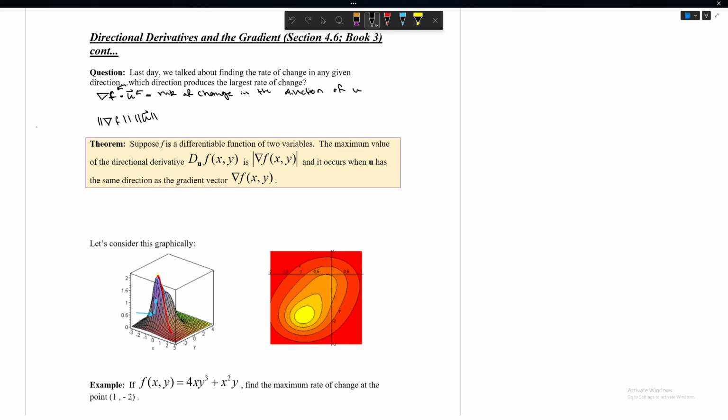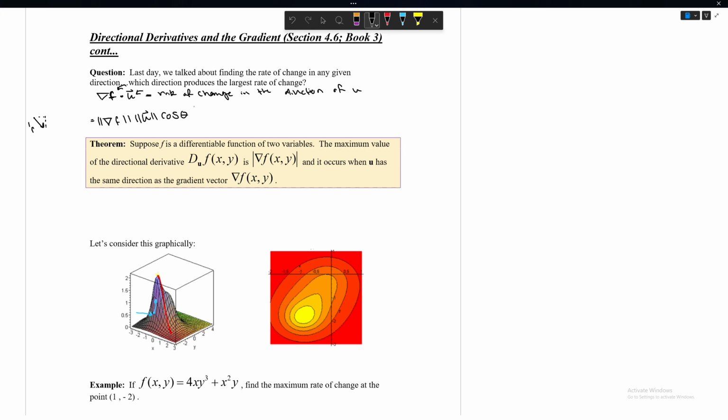And remember from last lecture we said u is just 1, so this goes to 1, and then cos of theta. This will give us the largest rate of change.